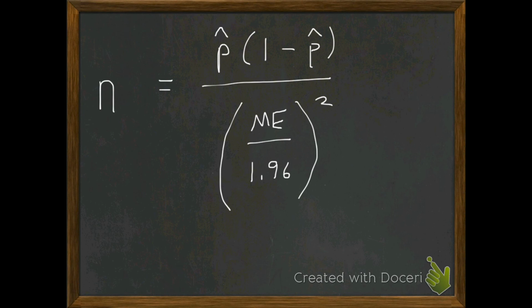That was the margin of error that we needed. And the 1.96, the role of that value in our problem is z star.